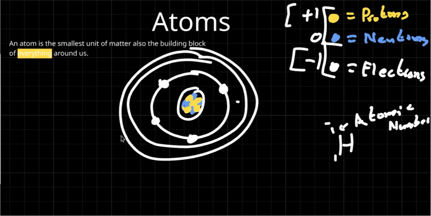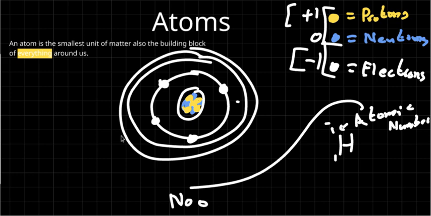That is the number of protons. Now down at the bottom, we have the mass number, which is the protons plus the neutrons.